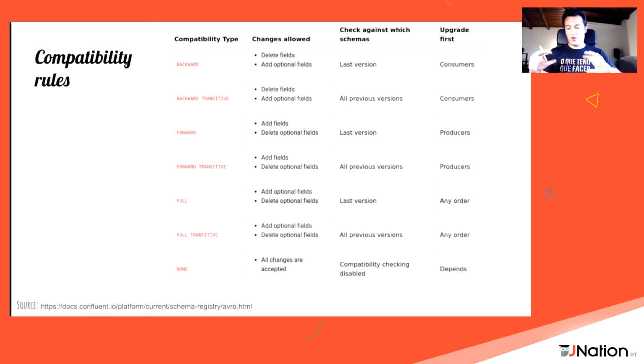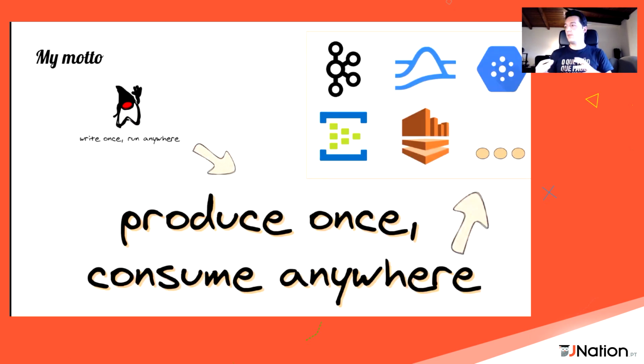So with all this together, we built this platform, and the motto of the platform was produce once, consume anywhere. The idea of our platform, which was an internal platform, is that every developer in the company can produce information in it, it doesn't matter where.